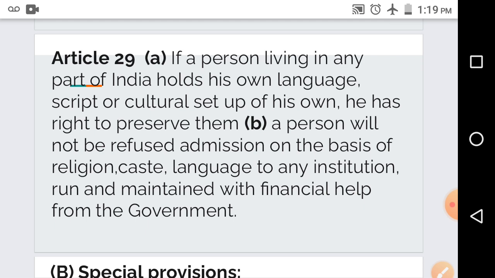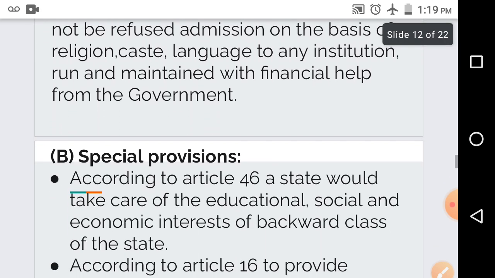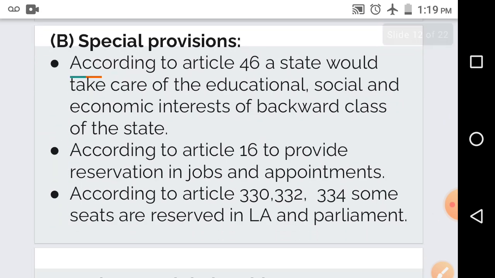Next are the special provisions. According to Article 46 of the Directive Principles of State Policy, a state would take care of the educational, social, and economic interest of the backward classes of society.